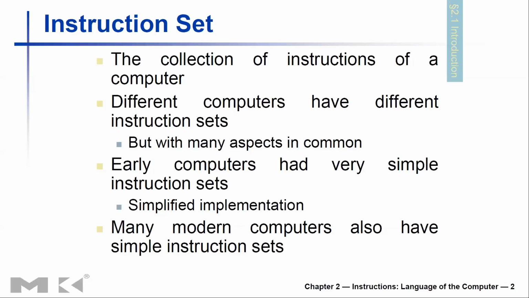An instruction set consists of these commands that the hardware processor can understand or execute. An early processor had a very simple instruction set, and the implementation of these processors was also simple.